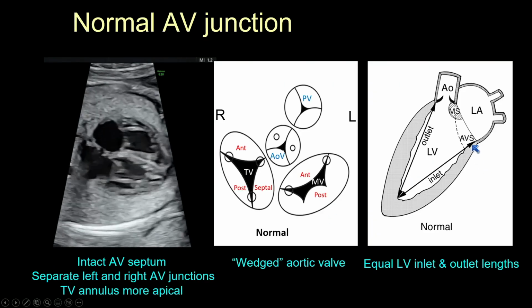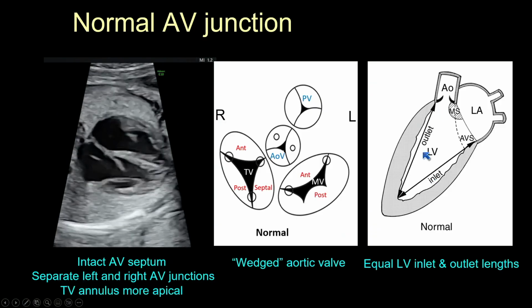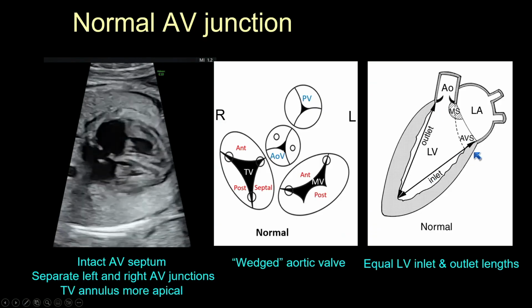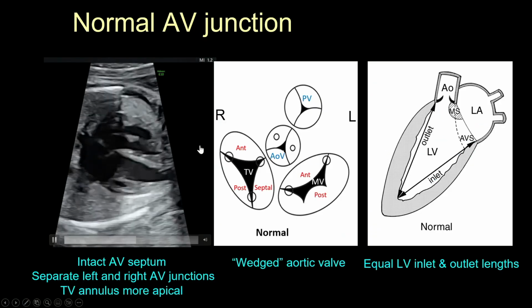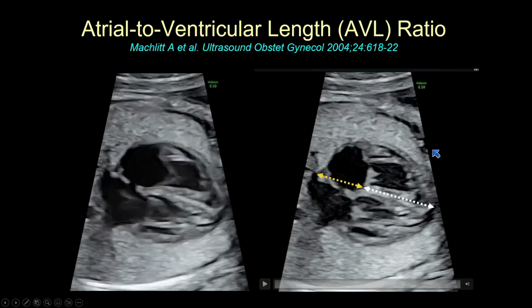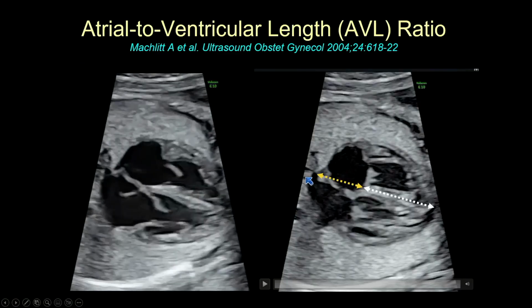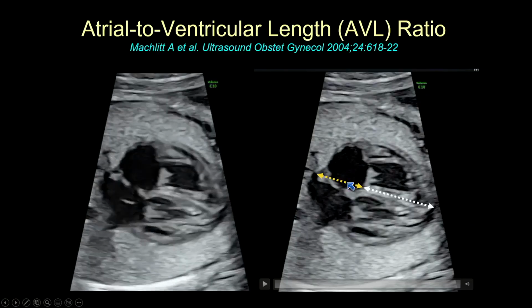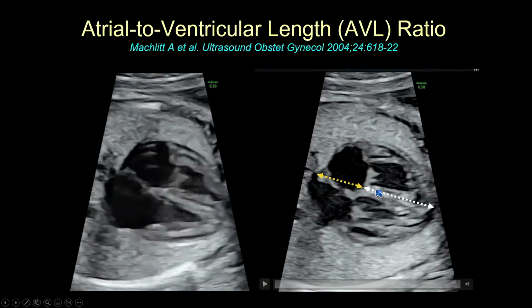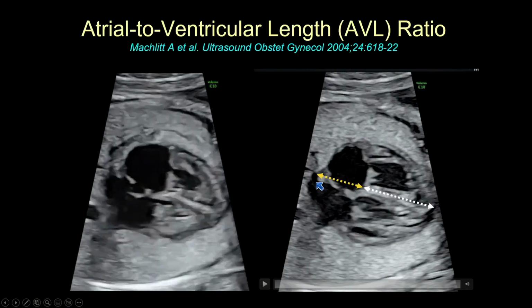I will show this in a moment. Classically, you have an inlet and an outlet ratio that's about equal. The atrial length is much shorter than the ventricular length, usually about half. Said differently, the ventricular septum is about twice the length of the atrial septum. That's a normal relationship.